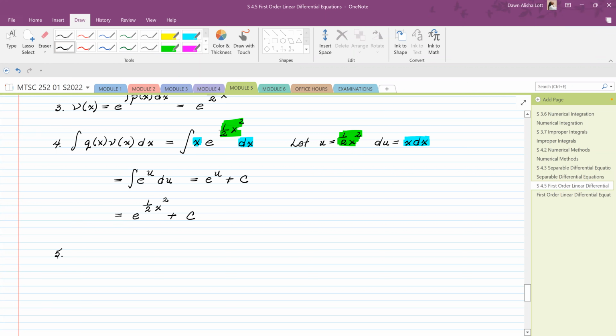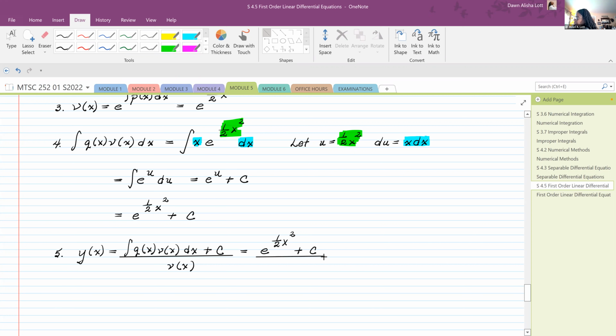The last step: y of x equals the integral of q of x v of x dx plus c, over v of x. Okay, so for the numerator, we get e to the 1/2 x squared plus my constant c.